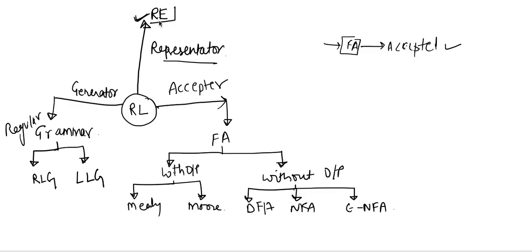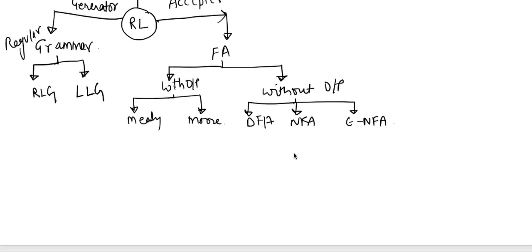Okay, so we have certain language and we'll draw a regular expression for it, so that by the help of regular expression itself we'll be able to find out what regular language it wants to convey to us. Okay, so that is why it is called as the representator. So let's start the regular expression. What is regular expression?